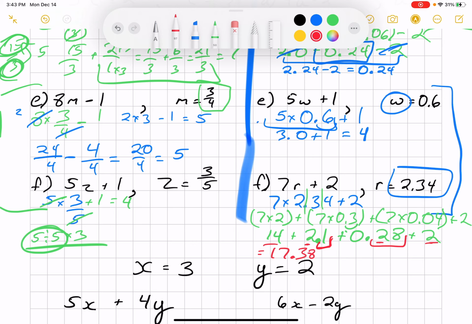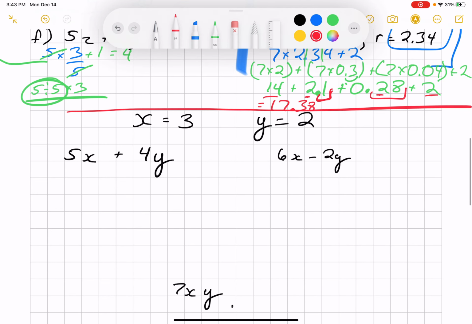Okay, now, what if I have 2 variables? Okay, it doesn't make it any different. I have here, x is going to be equal to 3 each time, and y is going to be equal to 2 each time. So I just pop those into the equation. So I have 5 times 3, and I have 4 times 2.